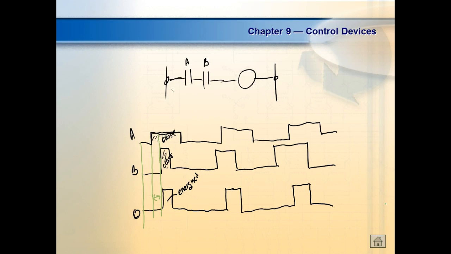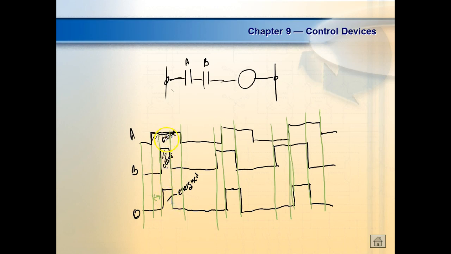Now, I didn't get this lined up exactly, guys. So if I was to come over here and identify all these edges right here, this one should line up right there. And this should have lined up right there. So when is the output energized? I forgot this one right here.